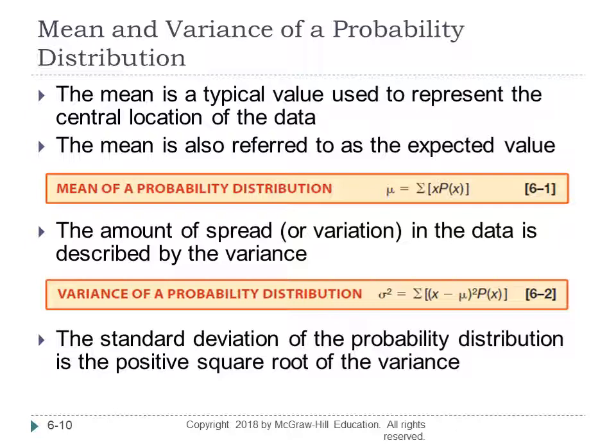So here is the definition of the mean of a probability distribution. This is, of course, in the discrete case. Mu, which is the mean for the distribution, is equal to the sum of x times p of x. The sum runs over all the possible values of the random variable. If I take every value x, multiplied by the probability for that value, and add all those products, the result is mu.